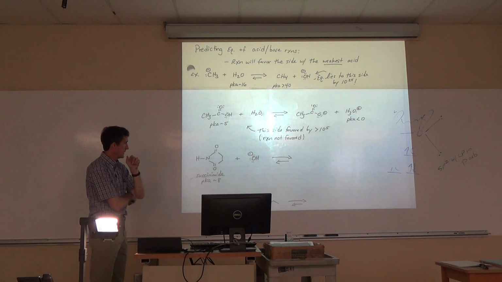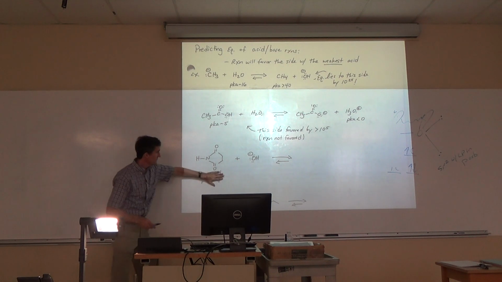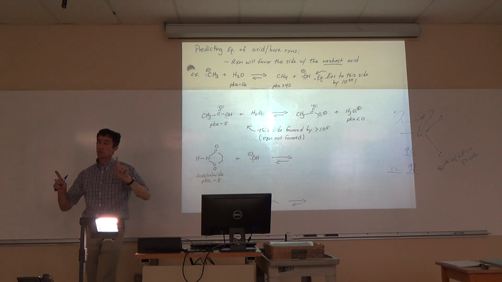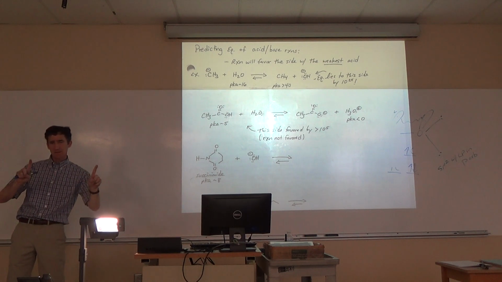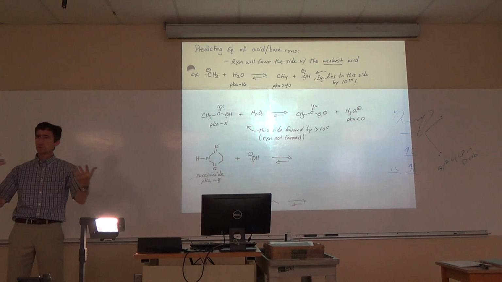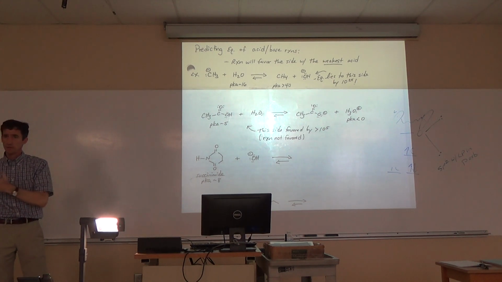Okay? Now, I could give you one where I don't even give you a pKa at all. And you should still be able to deal with it. You may not know precise numbers, although you can look them up. You don't really need precise numbers. You can still say that, okay, just general relative stability, I think this side is going to be favored.